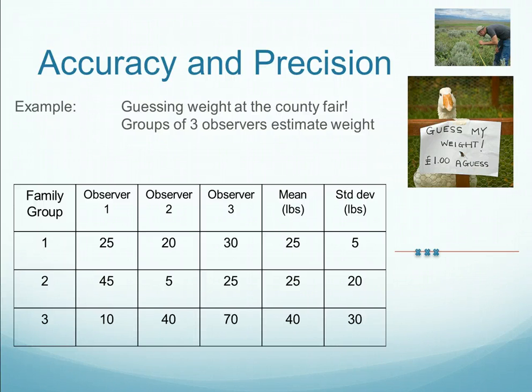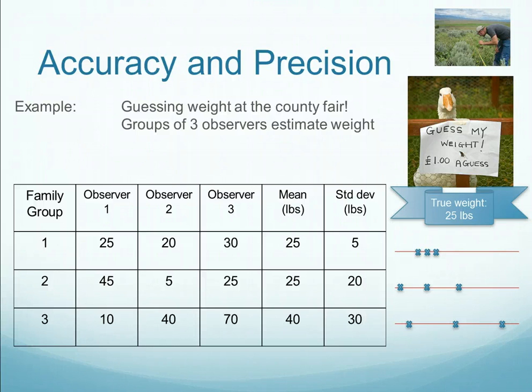Family group 1 has a very precise estimate. They're close to each other. You can see that by having this small standard deviation. Family group 2 has a sample of their estimates that is less precise, and family group 3 is even less precise than that. Now, normally we don't know what the actual true mean is.